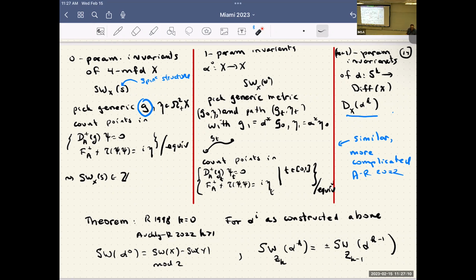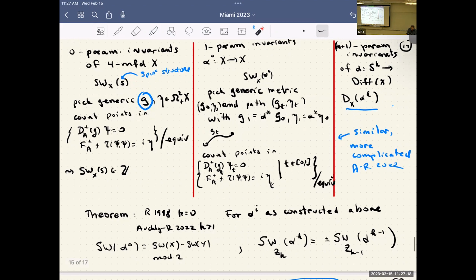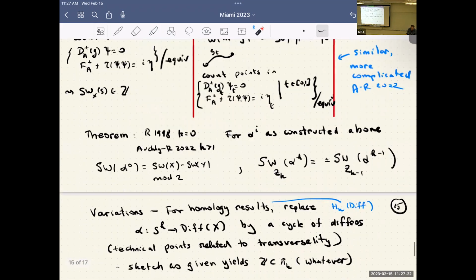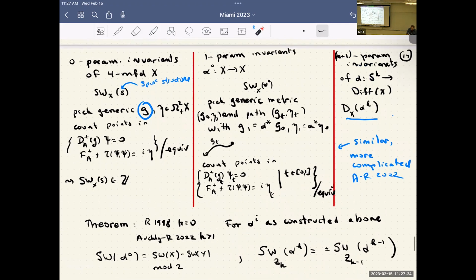anyway. At that point it's just technique, and this is the heart of it right here. Maybe I'll just leave that slide up there. This slide is telling you how to actually cook up invariants, and then the point is that they satisfy this inductive property.